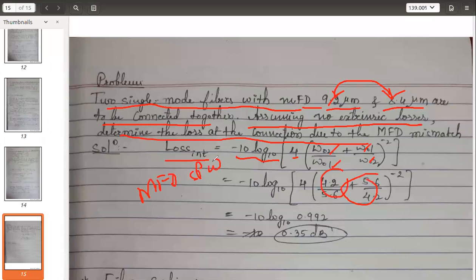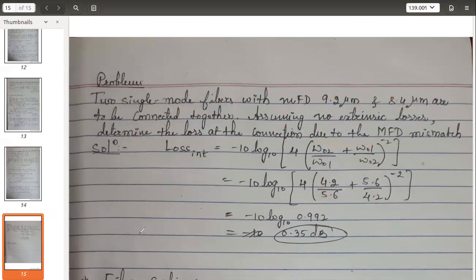MFD is 2 times omega naught, so omega is equal to MFD by 2. Put in the values and get the result of minus 10 log to the base 10. Whatever answer comes, you will get 0.35 decibels.